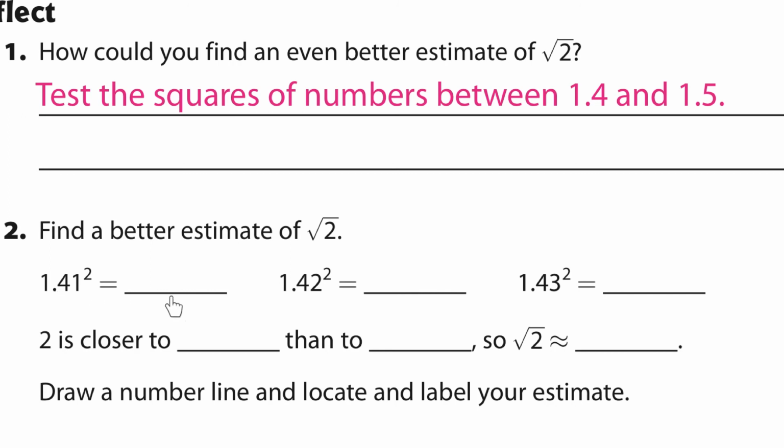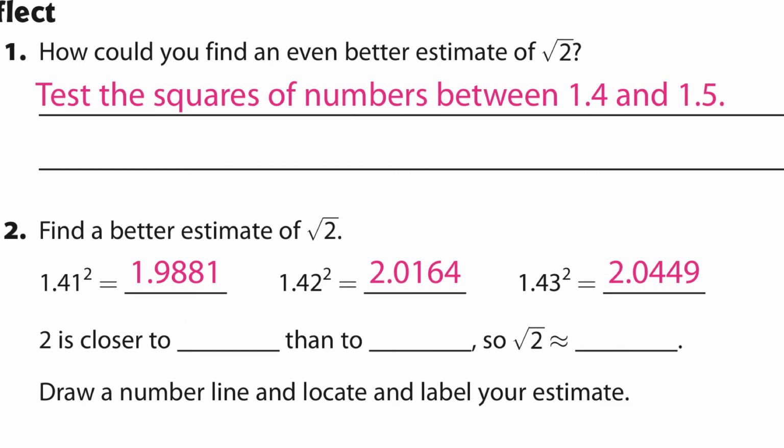All of these numbers are in between 1.4 and 1.5, so we're just getting closer. Square that one, square this one, and square this one. And we can see this one is going over 2 right here. So 2 is closer to 1.41, I would say.